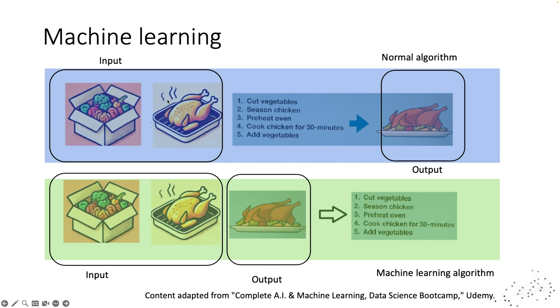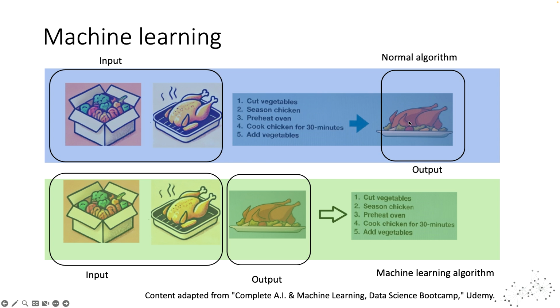In order to describe the program to prepare this food, we write step-by-step rules. For example, cut vegetables, then cook chicken for 30 minutes, add vegetables, heat in oven and so on. Using these step-by-step rules, we prepare some food using exactly these vegetables and the meat.